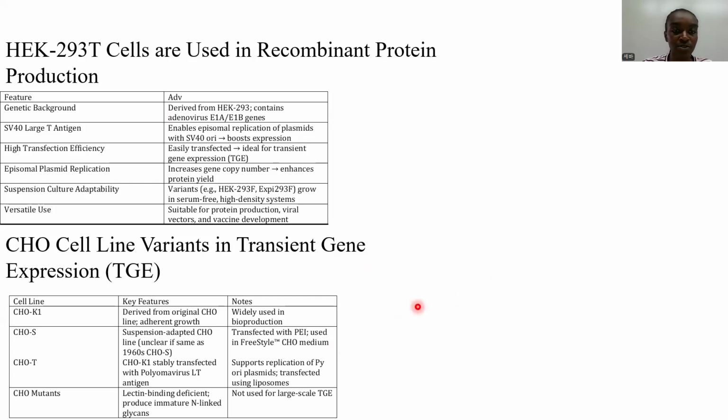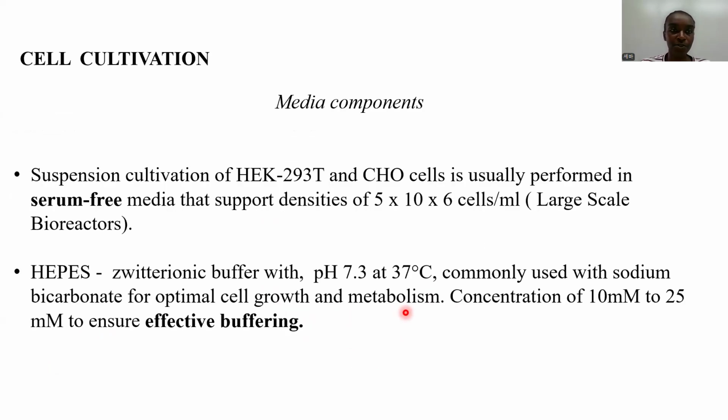The CHO cell line is also the same, and there are various variations that exist, and they're widely used in the bioproduction system in recombinant protein production. So that was a brief introduction on the reason why 293T and CHO cells are preferred and how transient gene expression is done through recombinant DNA technology.